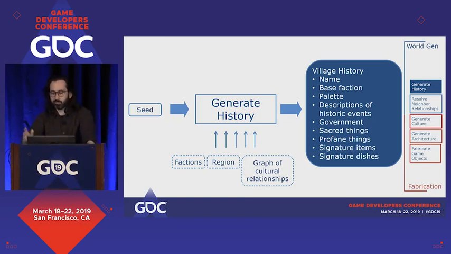We have descriptions of historic events, things like government, things the village finds sacred, things that they find profane, and signature items that the village becomes known for, like maybe a particular type of drinking jug, and signature dishes that they're known for in the region.